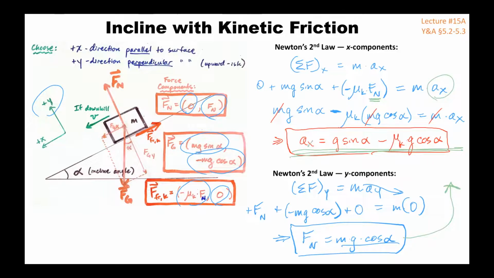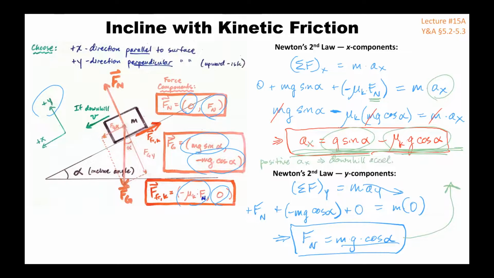So that would happen when mu is small. When mu is small, then the second term is going to remain smaller than the first term. The first term will be bigger. In that case, you'll wind up with a positive value for the acceleration. And that's a downhill acceleration.